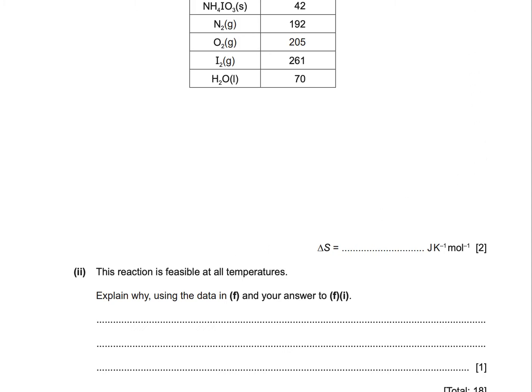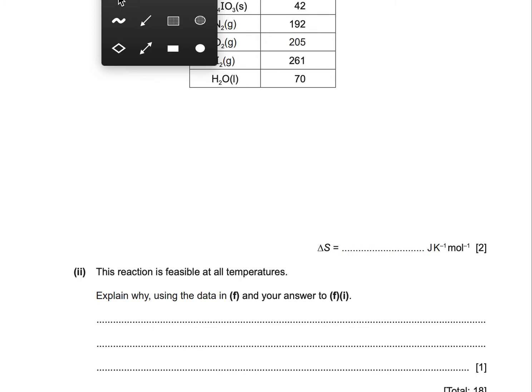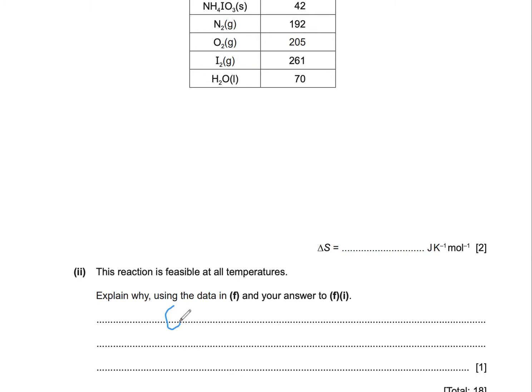We know when the reaction is always feasible: when the Gibbs energy, which is represented by G, is always negative or always less than 0, and the entropy change is always greater than 0.